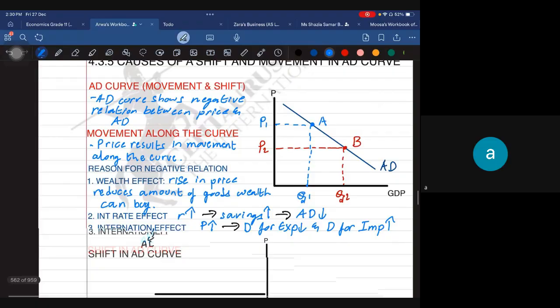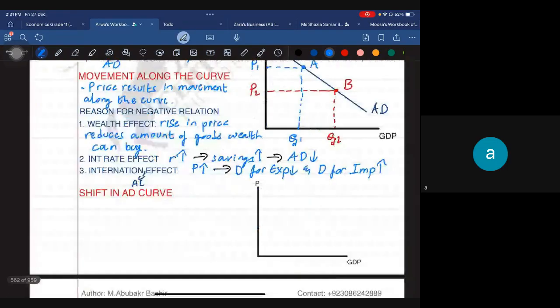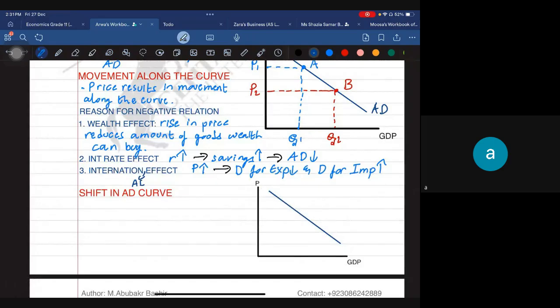Now the shift in the aggregate demand. If this is the normal aggregate demand AD naught, this will show a rightward shift, and this will show a leftward shift.